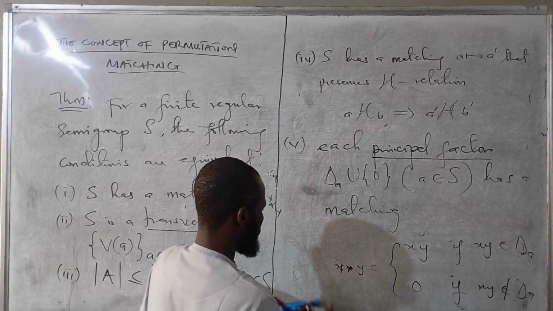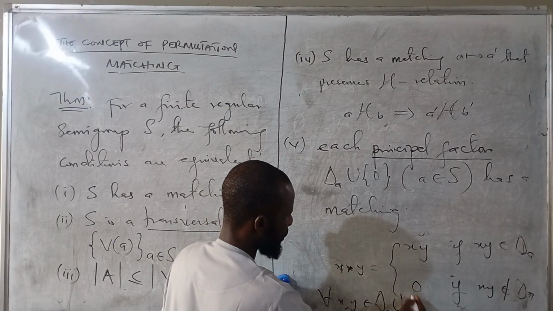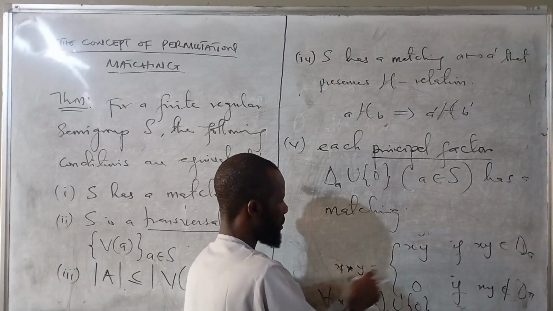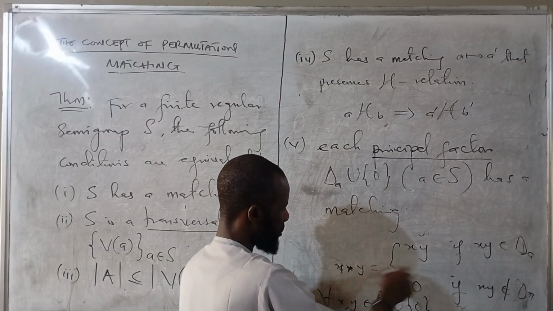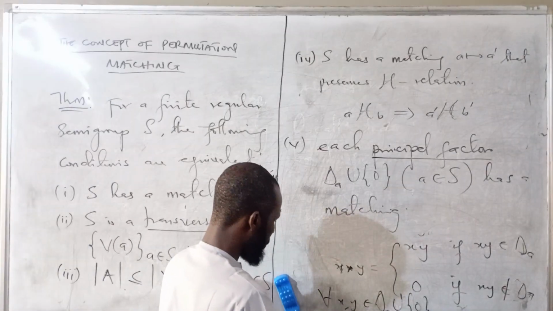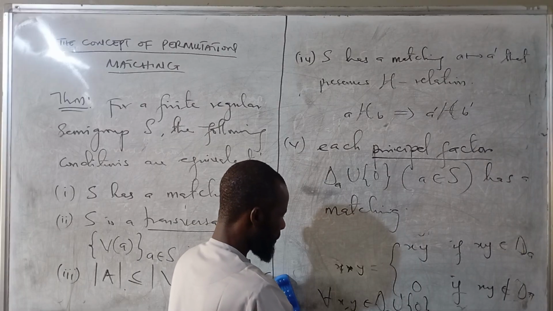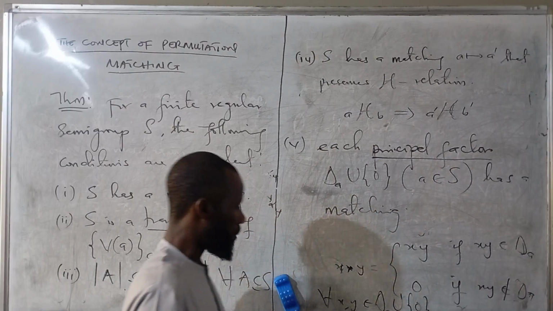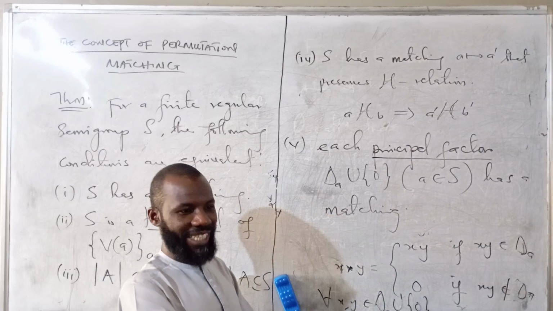This is for all x, y in D_A union 0. Even if you multiply 0 with some x, you should define it to be 0, because 0 is already outside. When you are adjoining 0, x times 0 is 0, 0 times x is 0, and 0 times 0 is still 0. So all this will happen, which means at all times the product will still fall inside that D class.